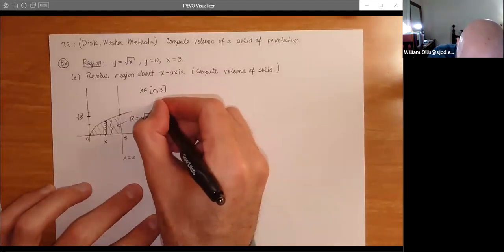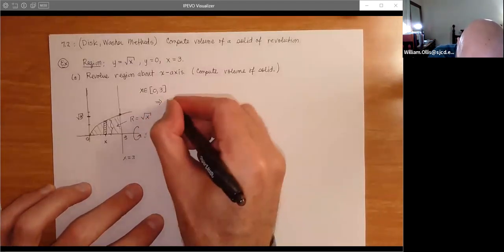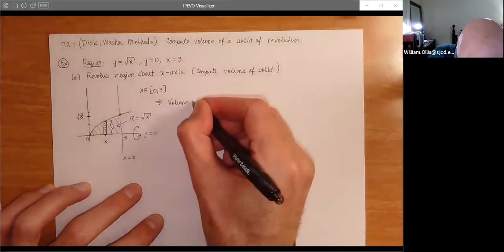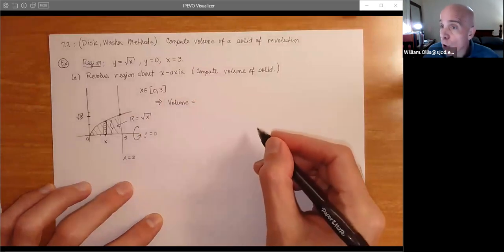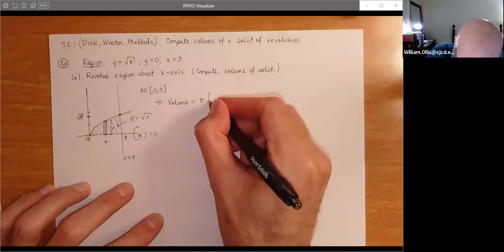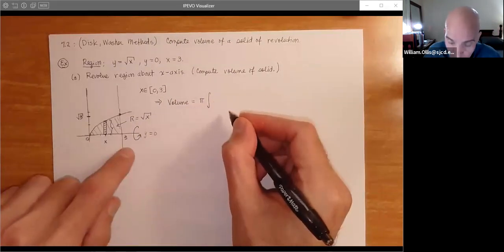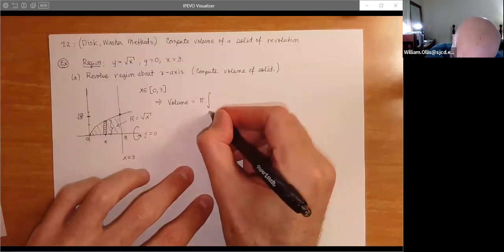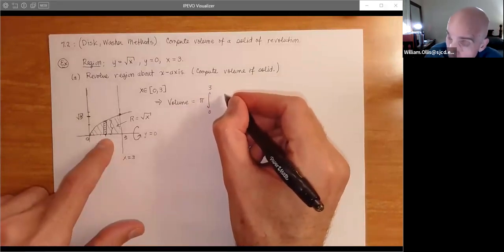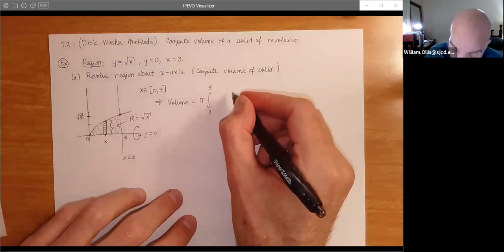So this implies that the volume will now be, again, what always had that pi r squared, so you can go ahead and factor the pi. We want to integrate from 0 to 3. And then we want to integrate the area element times the dx.